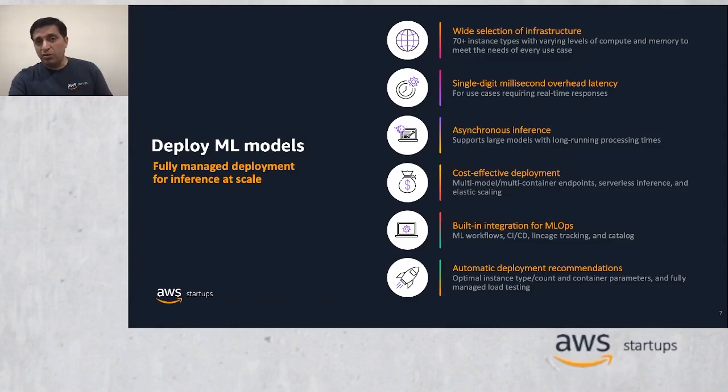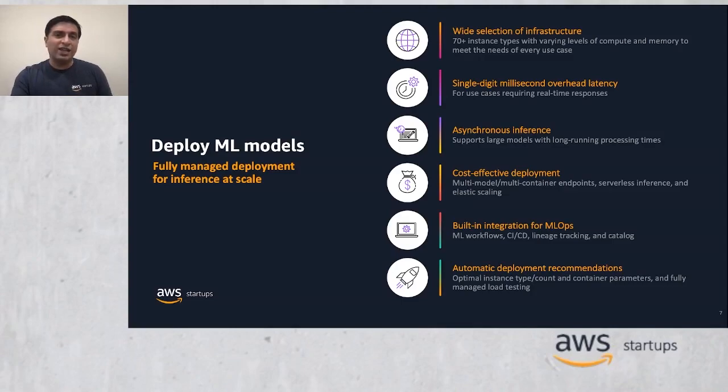For inference requests that take longer than real-time or near real-time, SageMaker offers asynchronous inference, which supports processing times up to 15 minutes and payloads up to 1 gigabyte. Async inference is best suited for use cases requiring a real-time user experience but using large computer vision or NLP models.